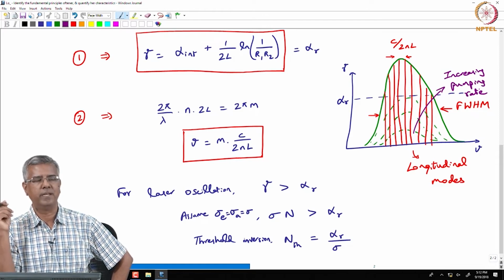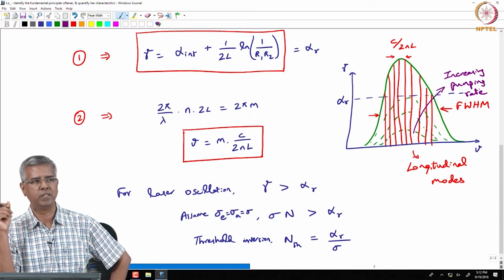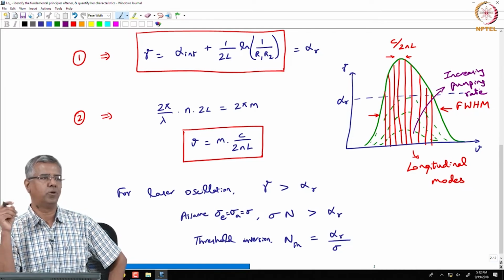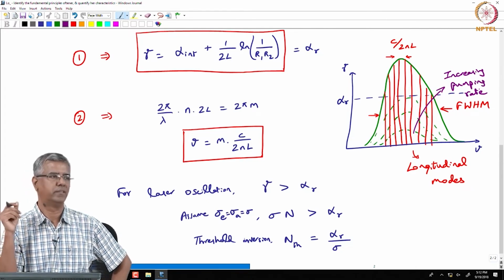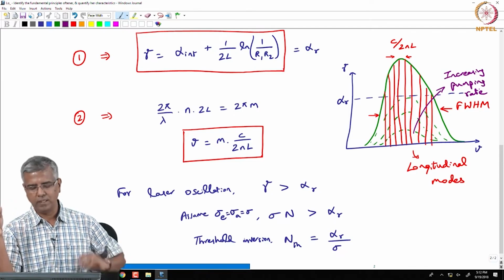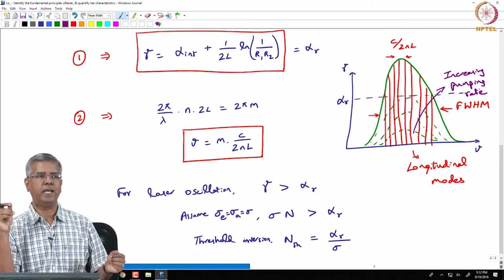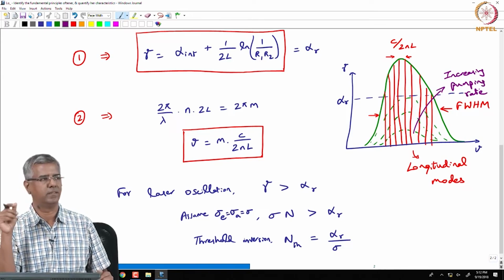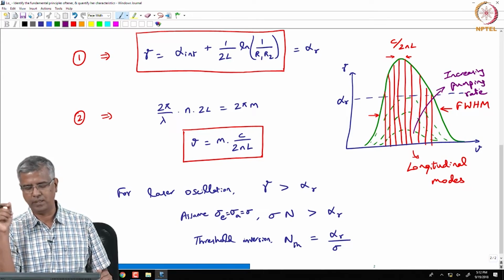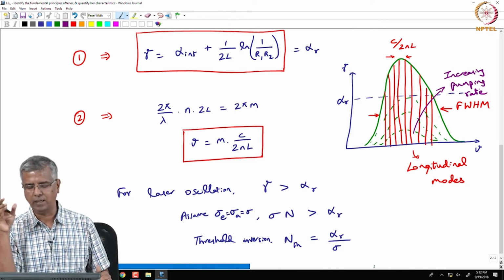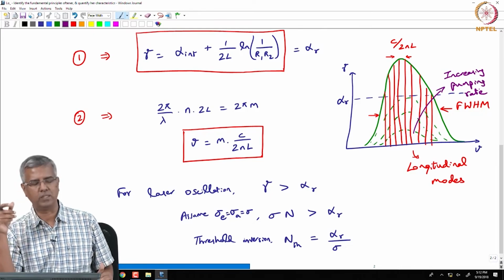Under what condition, what reflectivities, do you get a very low threshold? Reflectivity closer to 1, right. So, that's 100% reflectivity. If you have 100% reflectivity, theoretically, then you get the lowest losses, and then it's easier to achieve that inversion.